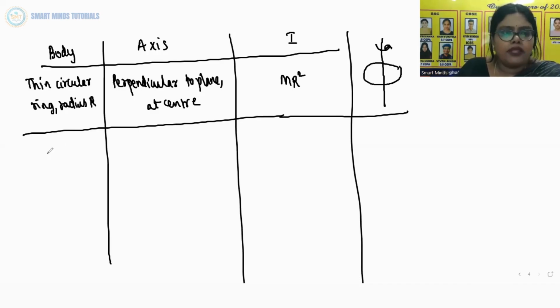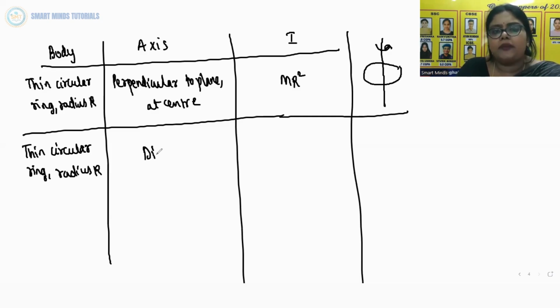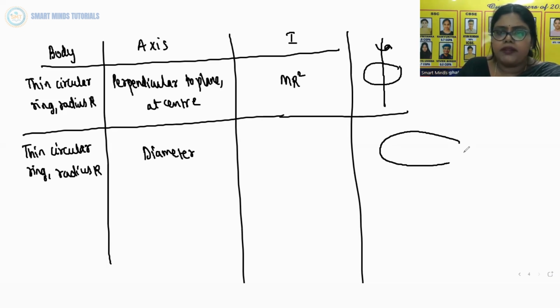Now the next body is a thin circular ring whose radius is r, and here the axis is the diameter. So you see how it is divided. Here the axis is the diameter, and the moment of inertia will be mr square by 2 in this case.